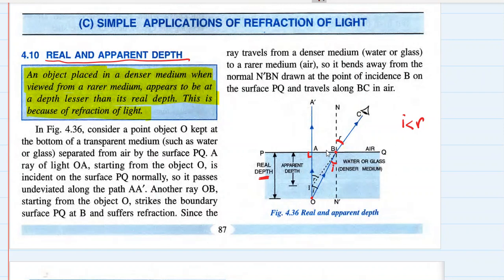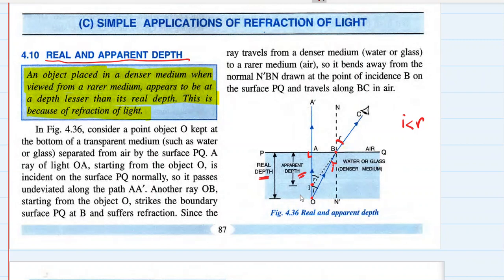For getting that, you need to produce this refracted ray BC backward inside the denser medium, and this BC produced backward meets ray OA at position I, and this is the position of the image. This is where the object appears to be. So AI is the apparent depth.